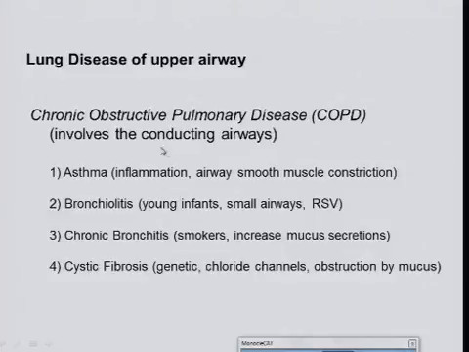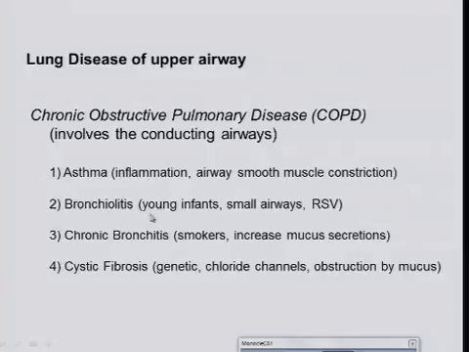As we mentioned, asthma can be involved with inflammation and also airway smooth muscle constriction. So basically, asthma is caused by a narrowing of those upper airways due primarily to constriction of the airway or inflammation.